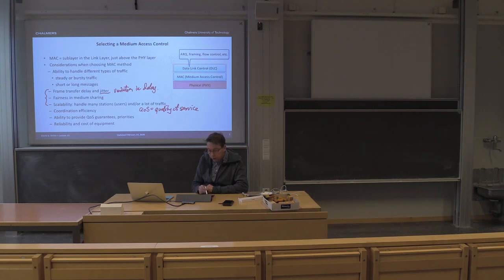So the quality could be some type of delay requirements that we need to fulfill, or some jitter requirements that we need to fulfill, some type of fairness among users. It could also be throughput and other things. So quality of service is quite a broad term here. We sometimes also like to be able to handle priorities. That is, that certain stations have more pressing needs than others, and we would like to be able to handle that sometimes. And of course, reliability and cost of equipment.